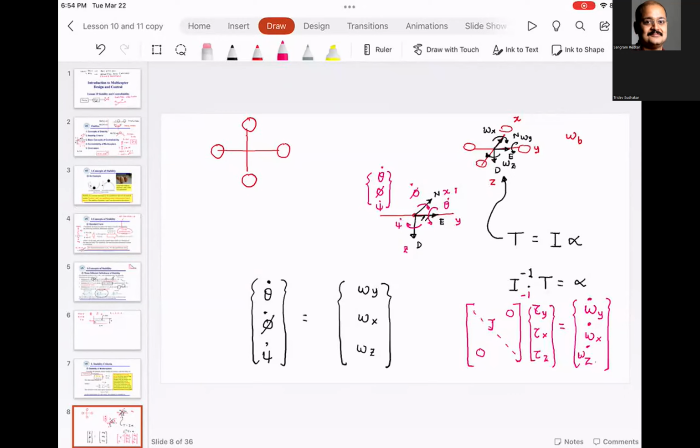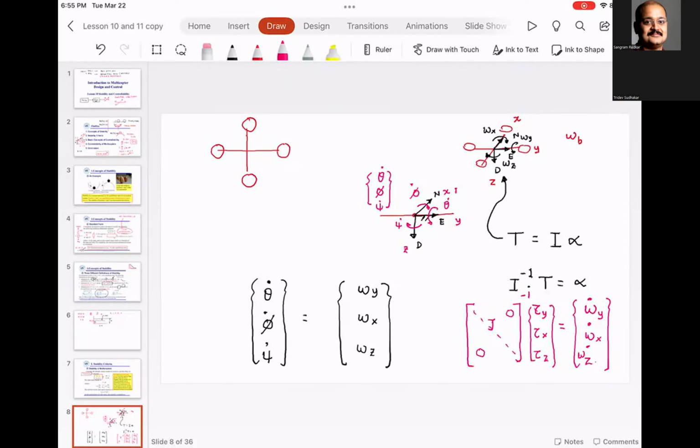Let's try to understand, what do I need for stability? Stability means all the derivatives have to be zero. Do you agree with me? So somehow I need to make theta dot, phi dot, everything zero. Theta dot is zero, phi dot is zero, which means theta is going to be constant, and phi is going to be constant.